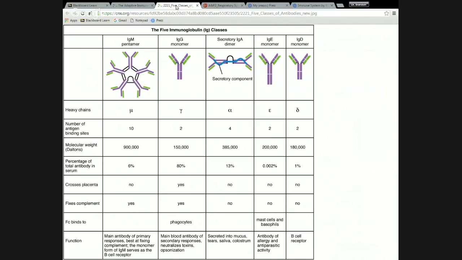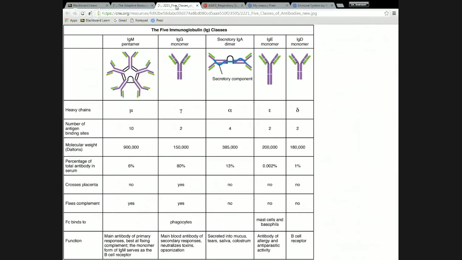It's found all over the body. A very important role that the IgG plays is that it crosses the placental barrier, which means a mother will share her immunity with the fetus that's gestating so that it has a passive version of an adaptive immune system when it's born, because its adaptive immunity won't be ready to go for 6 months to a couple of years.